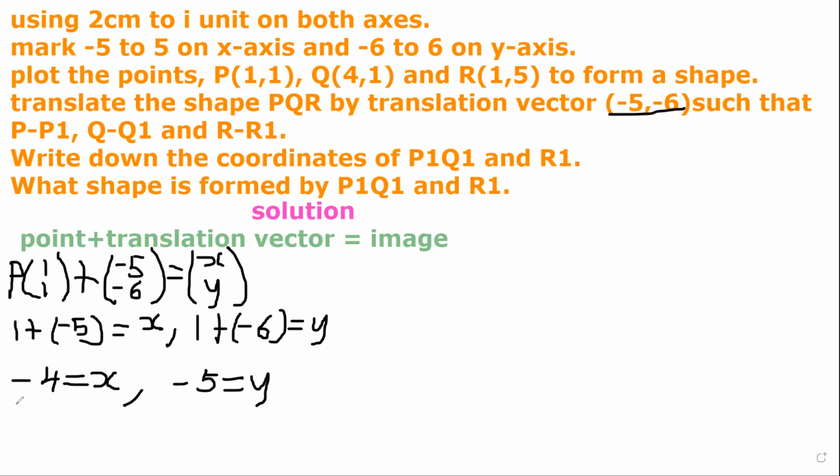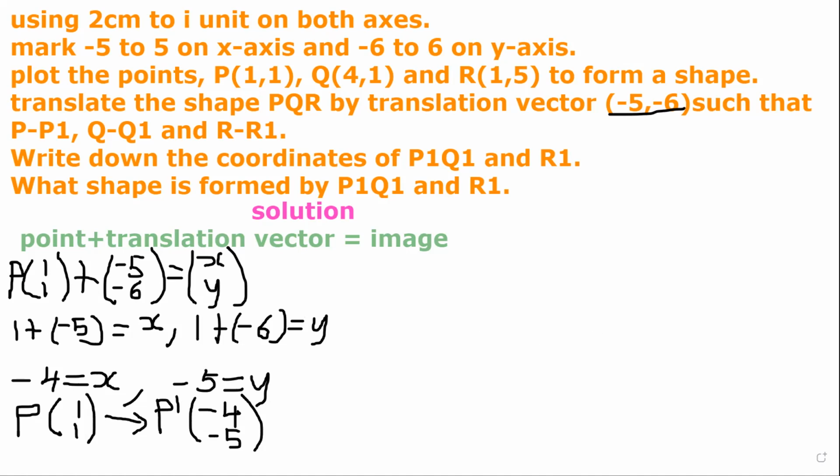Therefore, point P, which is 1 and 1, when translated, when it moves 5 left, 6 down, the P prime will be -4 and -5. We can also write this down as P prime here.